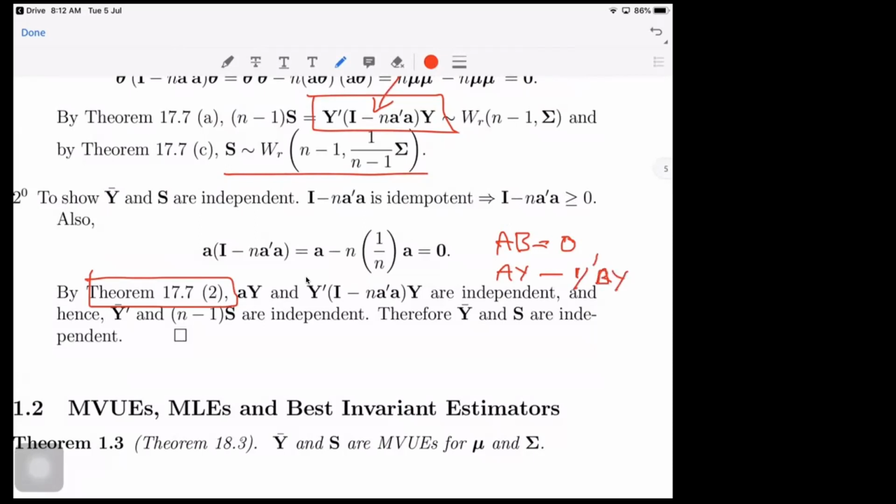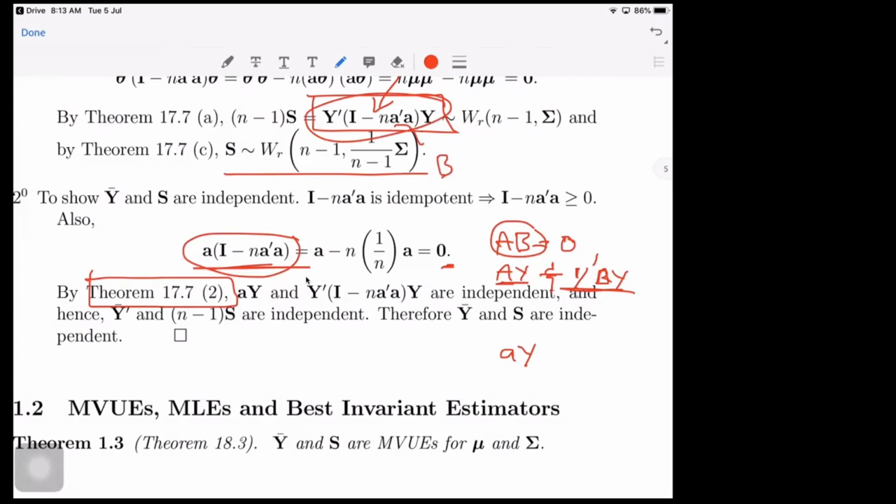If we can show that A times B is 0, then these estimators are independent. So we can show that y bar was a function of AY, and S is a function of A prime (I minus N A prime) Y. That will be your B, and then multiply that to A, and that is equal to 0.